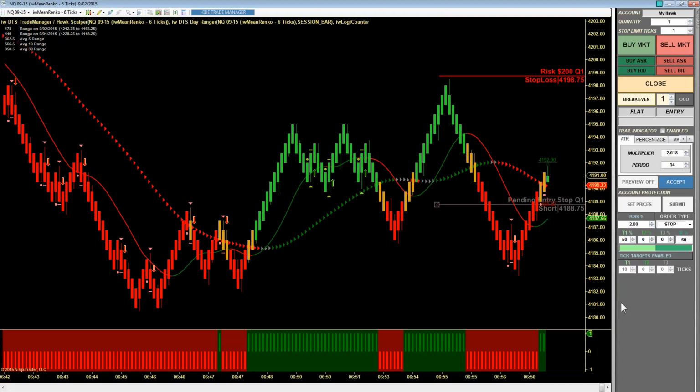After that, the market is very much in a sideways pattern. This is back into yellow bars. Okay, so we can cancel that.